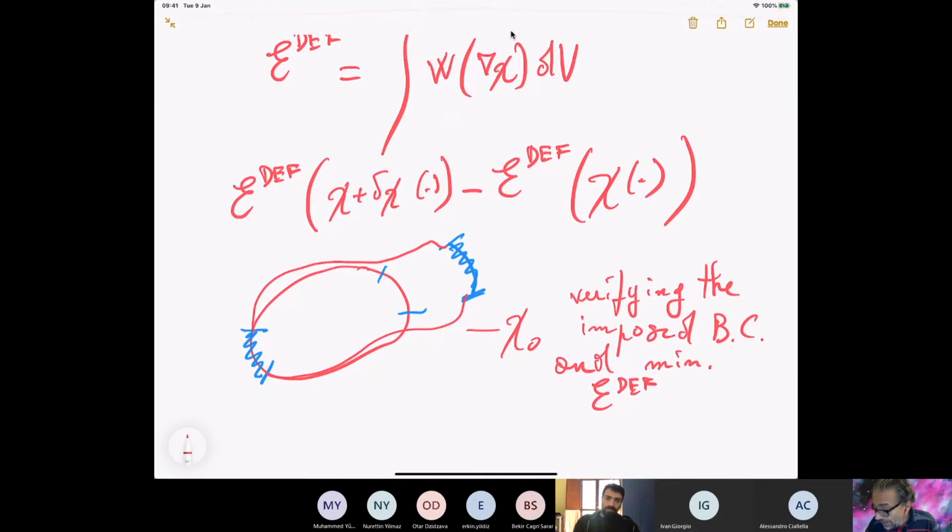Okay? Now, the idea of Lagrange is the following. Chi 0 is such that if I vary a little bit the shape, this inequality is verified.